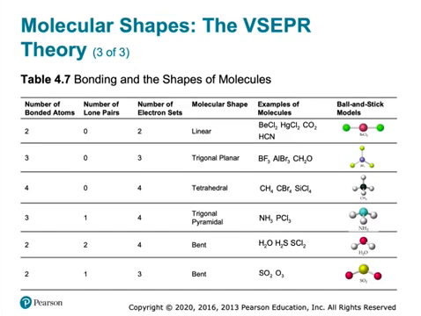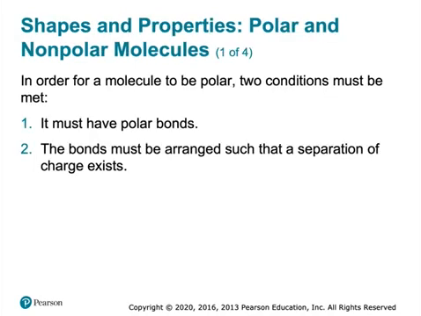And why is this important? Because of molecules being polar and nonpolar. Molecules that are polar have a charge to them. One end of the molecule is charged, one is positive, one is negative, like we talked about with hydrogen chloride. So hydrogen chloride is a polar molecule.